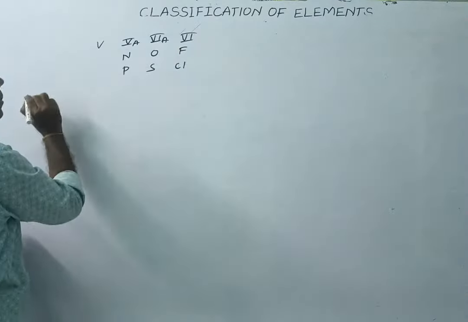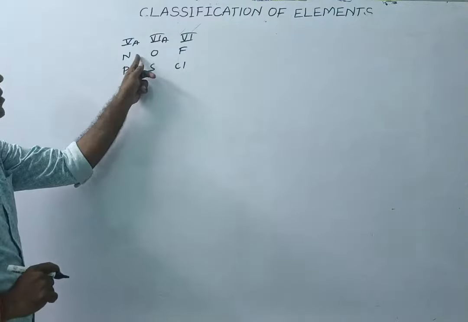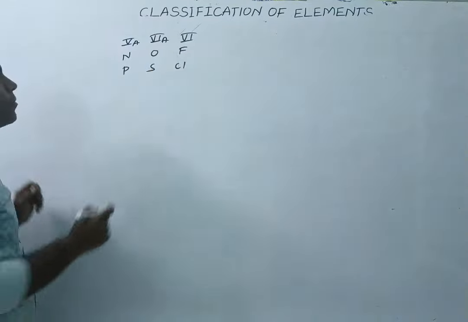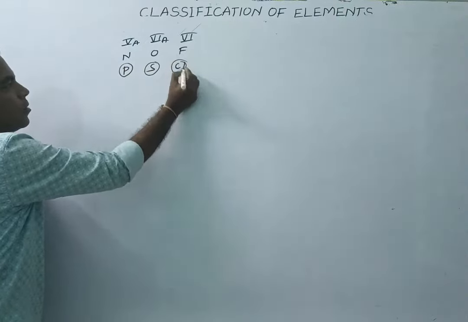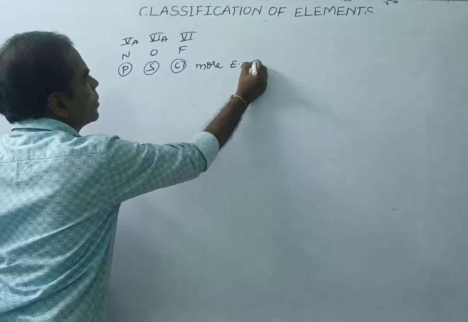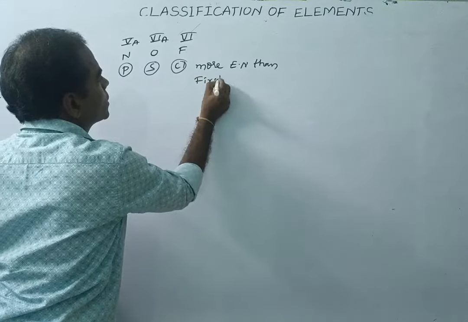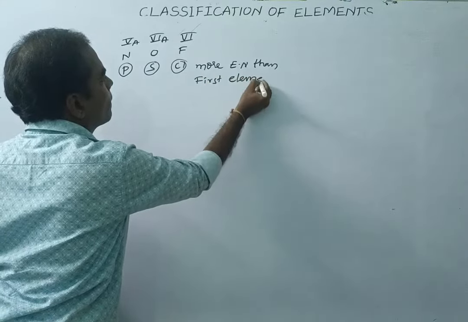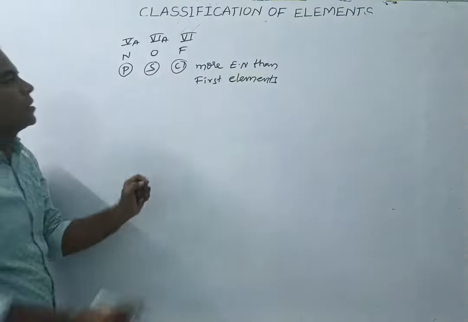In 5A, 6A, 7A, the second element has more Ea than the first element. Right?